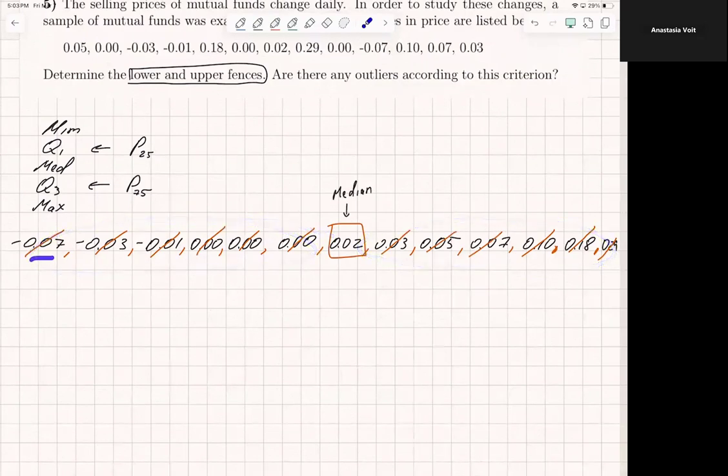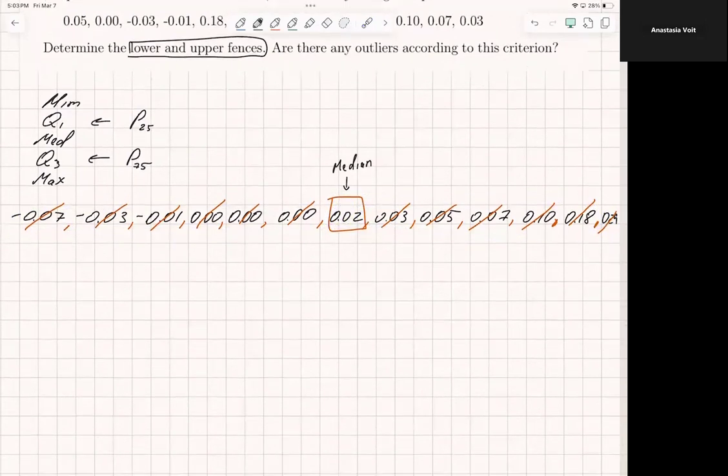So we see that 1, 2, 3, 4, 5, 6 values on the left side and 1, 2, 3, 4, 5, 6 on the right side. But now, where do we put this 0.02? You will need to put it in both of them, right? So you will have 7 values in the left half, and 7 values in the right half.